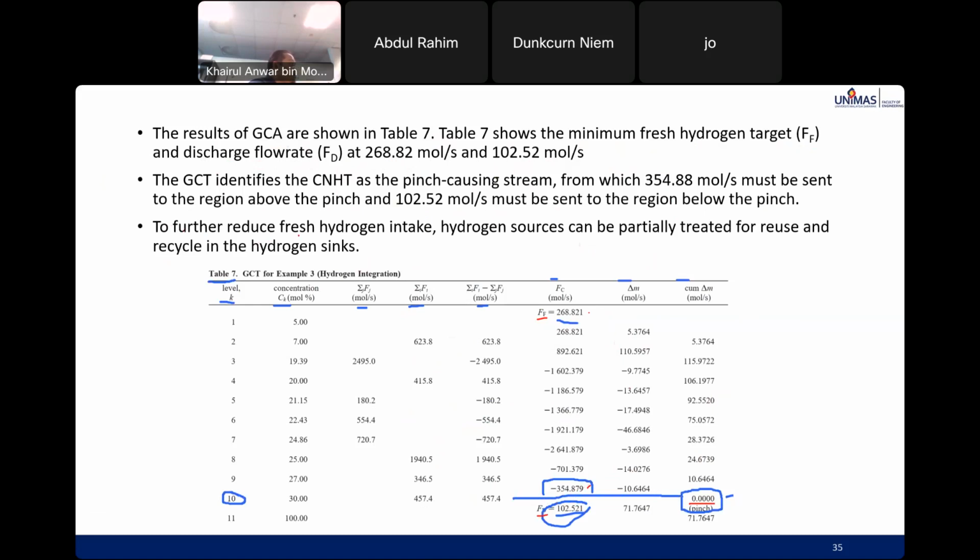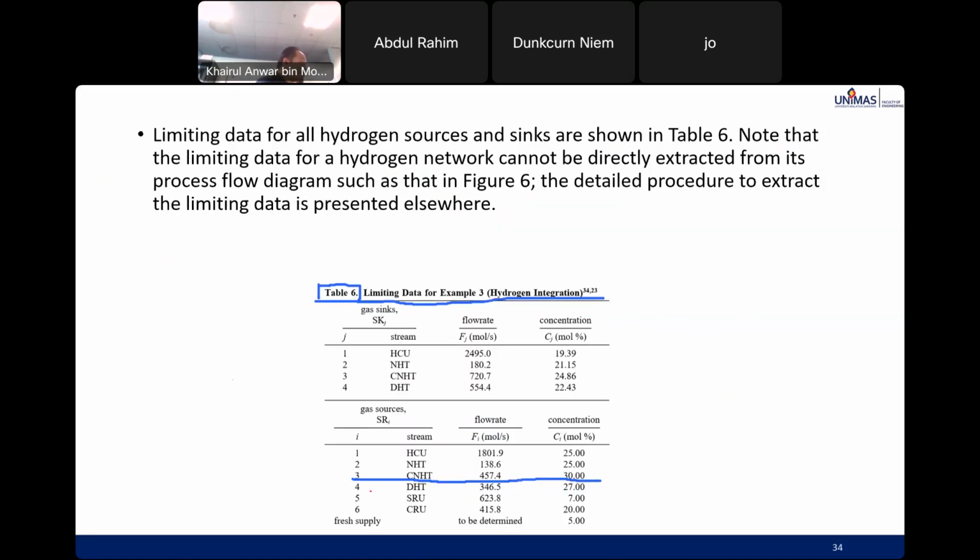To further reduce, at level K, 30% here is referred to based on this table 6, 30% here, CNHT, refer to the blue line. So at this line, this is the pinch.